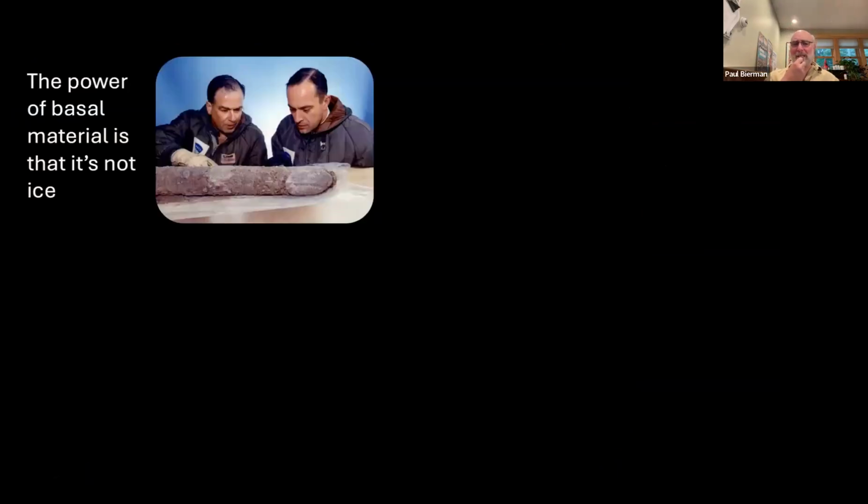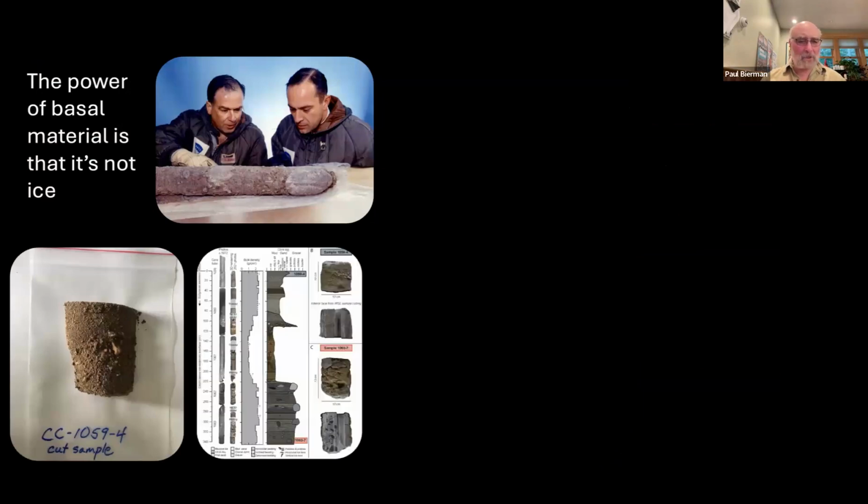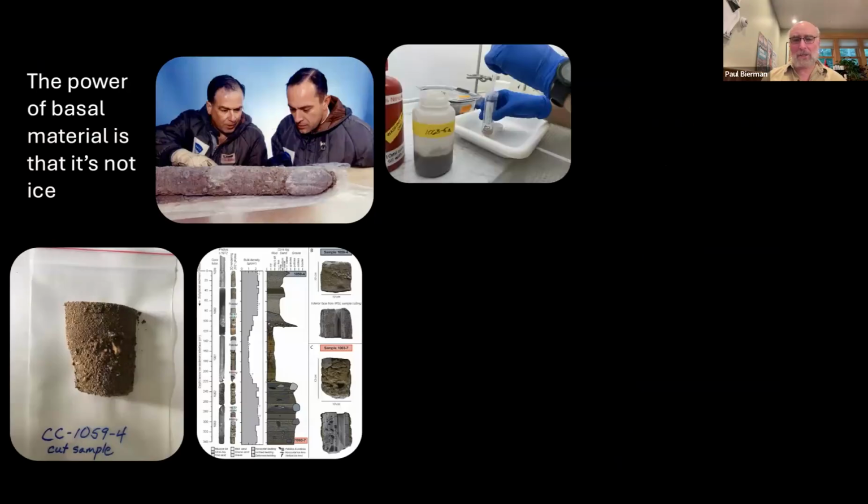So I just want to finish by saying that the power of this basal material is in some ways the fact that it's actually not ice, and it so records something very different than the ice. And it lets us see the surface processes that were active when the ice was gone. It has a stratigraphy and a layering that we can deduce and that we can use to understand those surface processes.